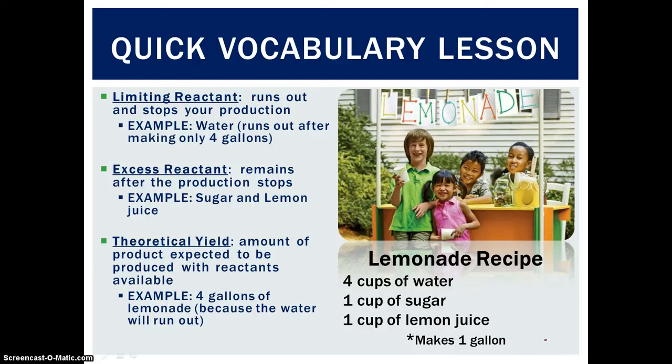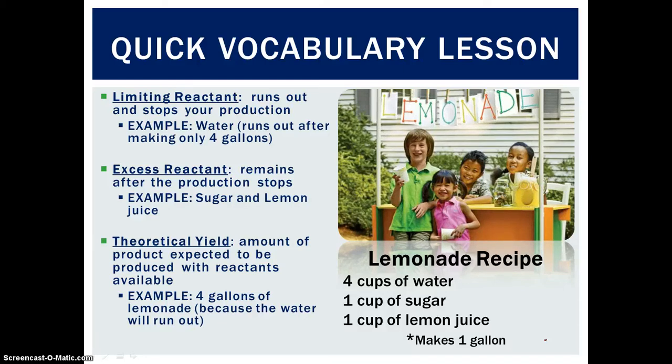It doesn't matter that you have enough sugar and lemon juice to make 6 gallons. This is called theoretical yield, remember, because we're not perfect. We might spill a little bit out and end up with 3.96 gallons of lemonade in the end, which is how real life works.